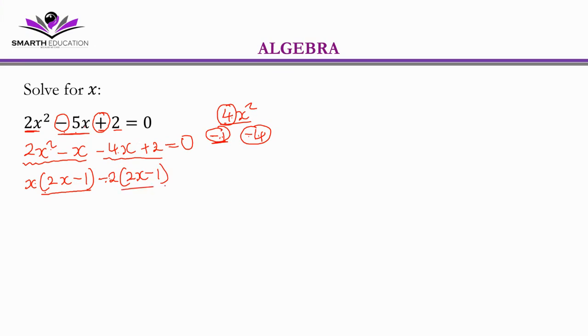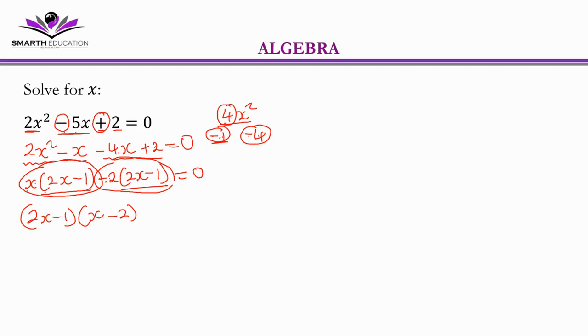See that we have a common bracket, 2x minus 1, in these two terms. So we can factor it out. So it's 2x minus 1, and then this term divided by 2x minus 1, we remain with x, and this term divided by 2x minus 1, we remain with negative 2. Equal to 0 is an equation.